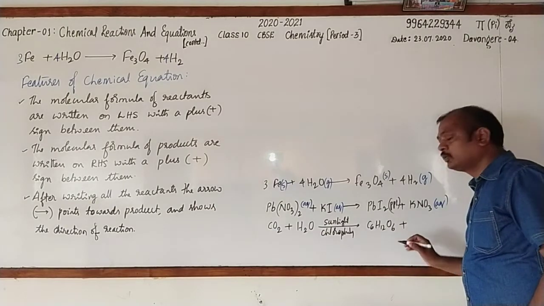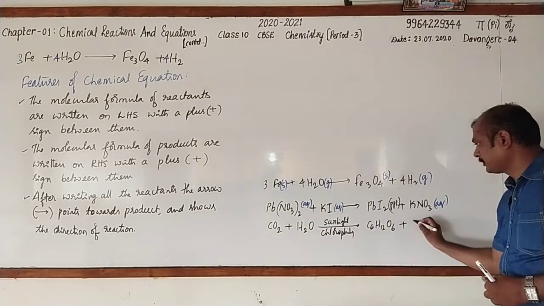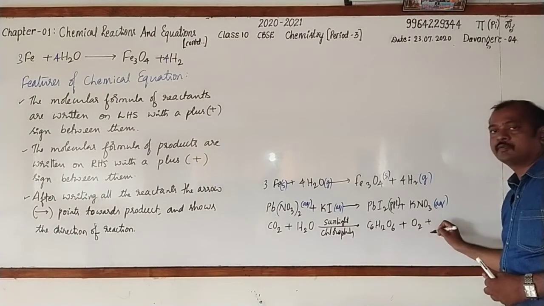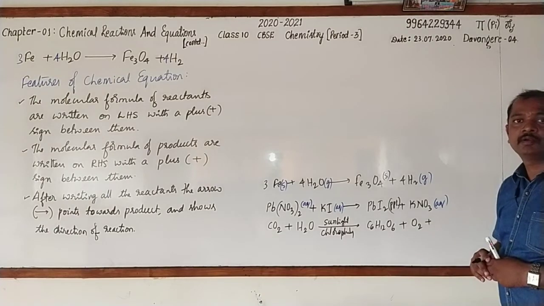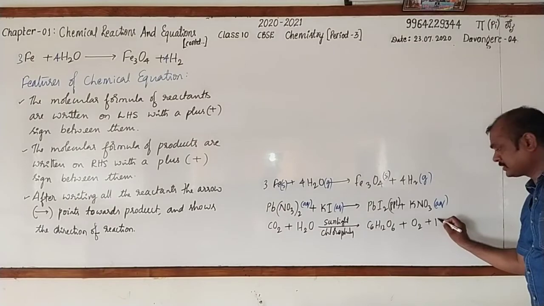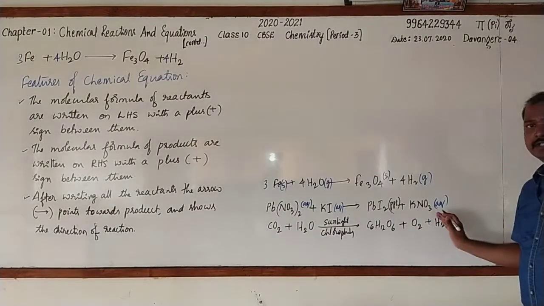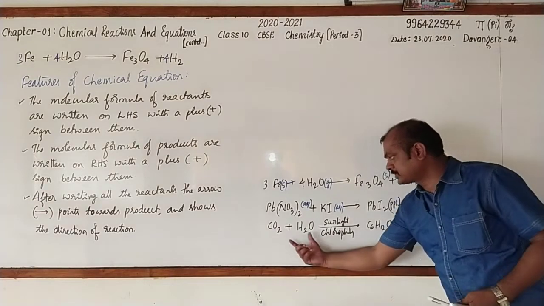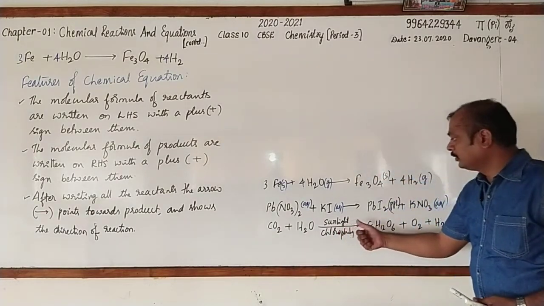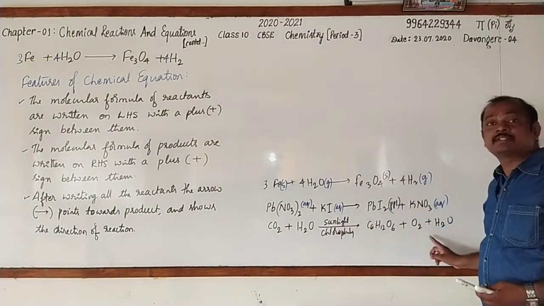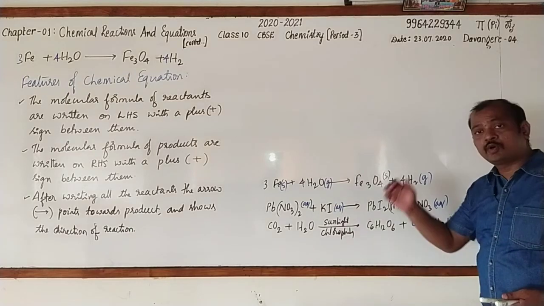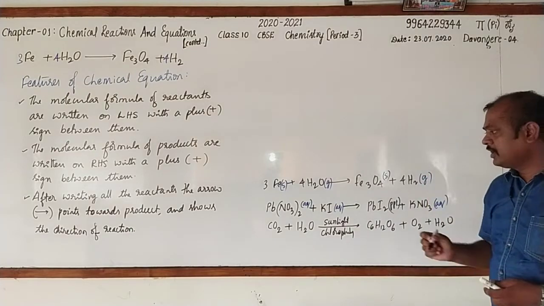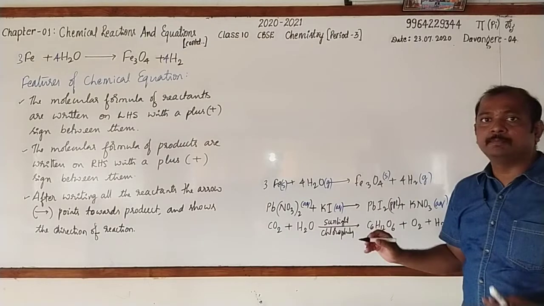C6H12O6, glucose, plus oxygen, right? The equation is not balanced. Observe. Here, this reaction takes place only in the presence of sunlight and chlorophyll. Got it? Similarly, I take another simple one.